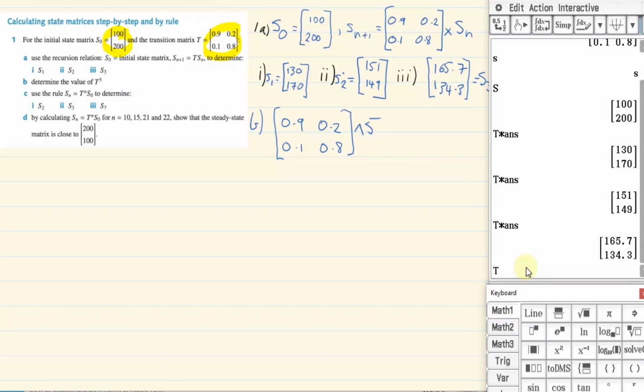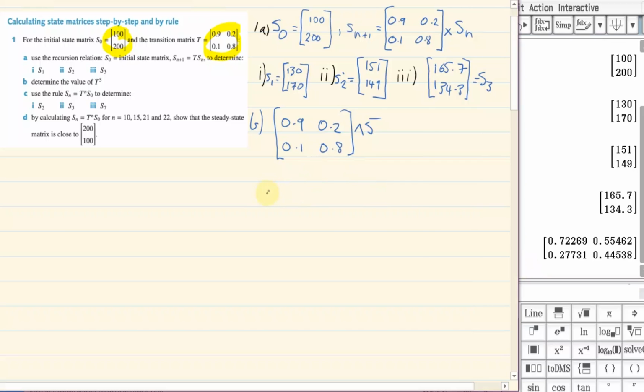If I pop in T, raise that to 5, there's our answer: 0.72269, 0.55462, 0.27731, 0.44538 is our T to the power of 5.